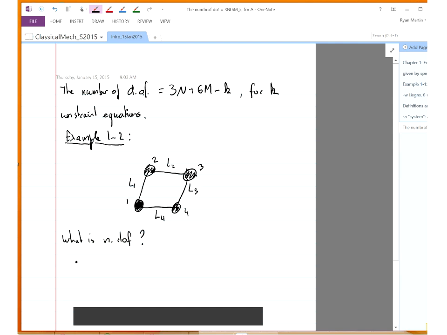So how many constraint equations do we have? We have 4 rods, so you can assume there are going to be 4 constraint equations. So let's write, say, for rod L1, we have (x2 - x1)^2 + (y2 - y1)^2 + (z2 - z1)^2 = L1^2.